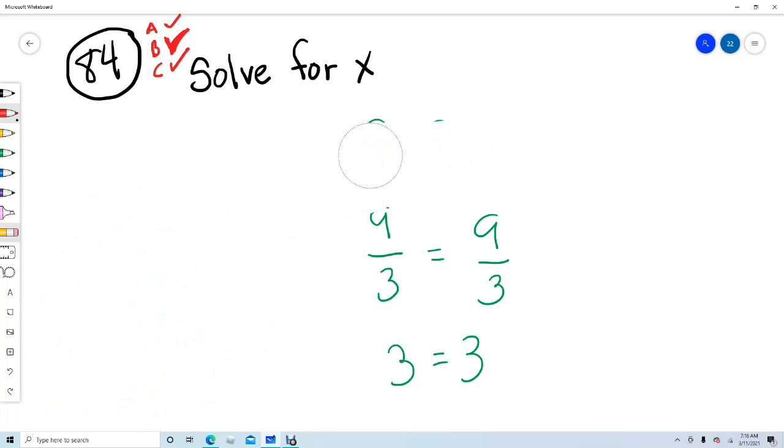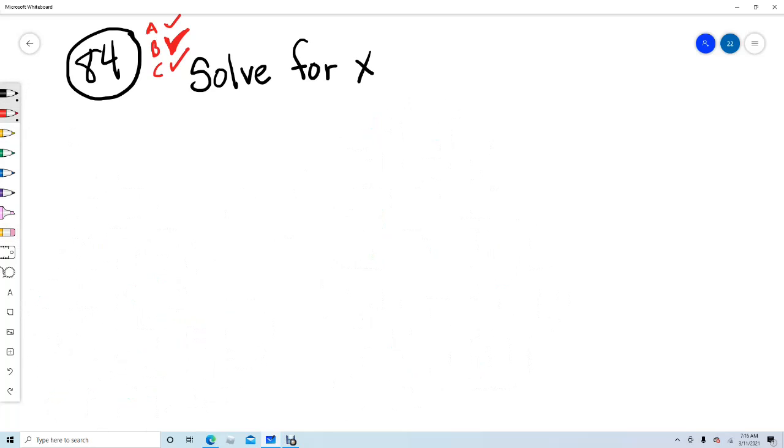I'll just really quickly work one 2-step problem. Let's see, 75x minus 10 equals 25.